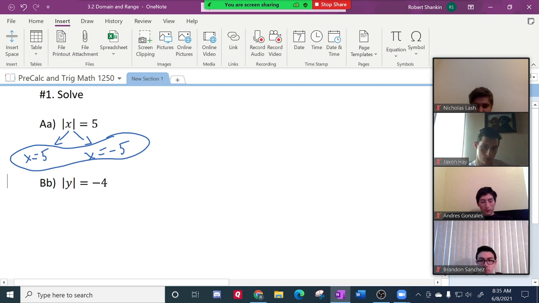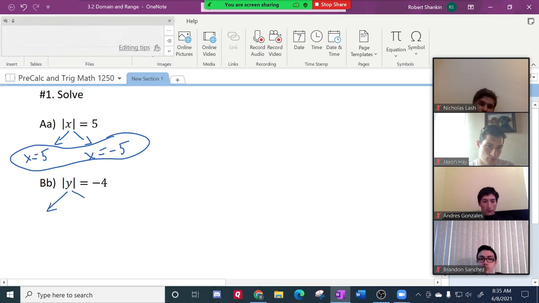Alright, 30 seconds more. Alright, so I'm going to do this the same way as I did the other one. I'm going to use the solution method. y equals exactly that number, or y is equal to the negative of that number.